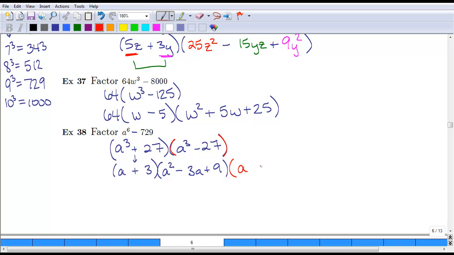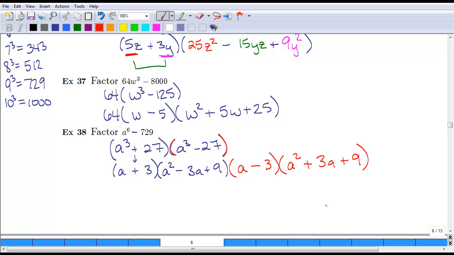Cube root of a cubed is a, cube root of 27 is 3, a squared, 3a, and 9 are your terms. As far as the signs go, in this case you go with the negative being the same, then the opposite being positive, and the last one always positive. So they look very similar, the only difference is the signs.